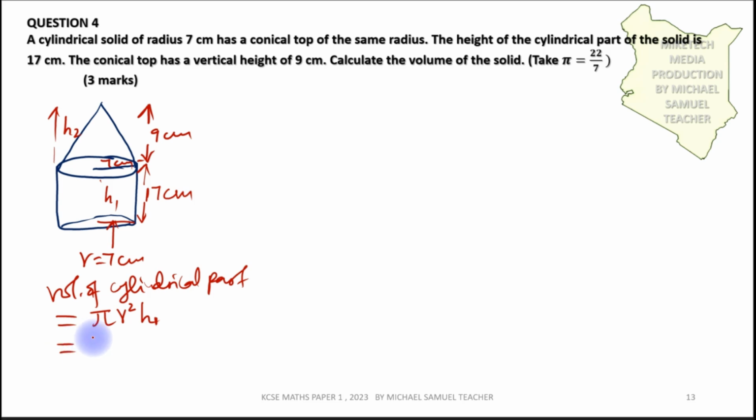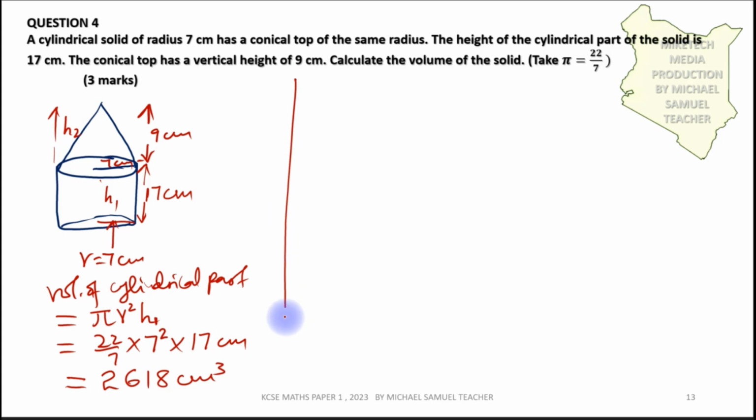So for this will be 22/7 times radius 7 squared times height, which is 17 centimeter. So using a calculator, we end up getting 2618 centimeter cube.